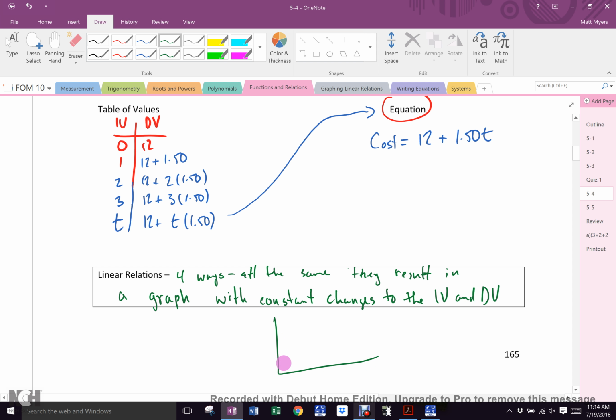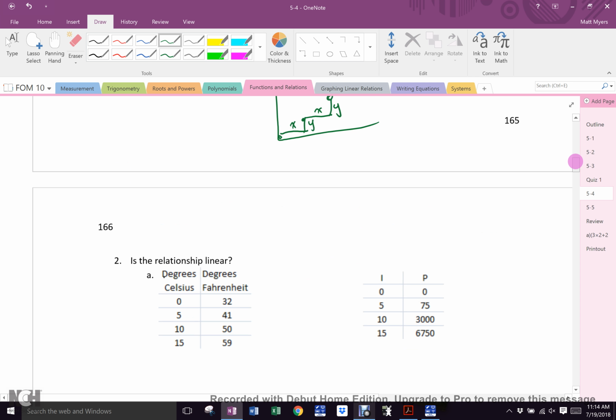If you need it drawn again, it looks like this. X, Y are always the same amount. Is everybody good? Going once. Going twice. Going thrice. Awesome. Turn the page over.